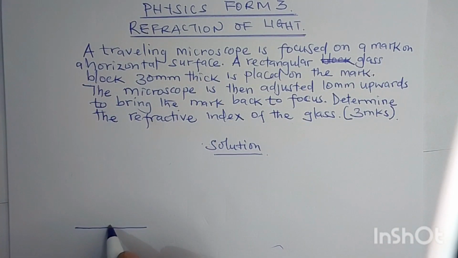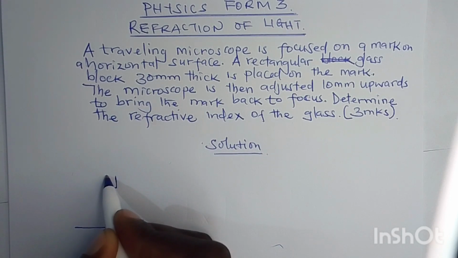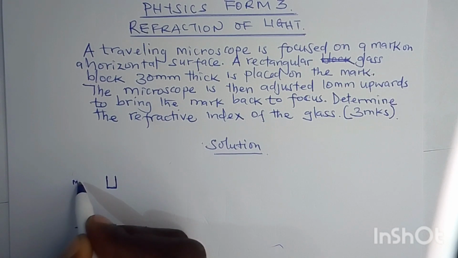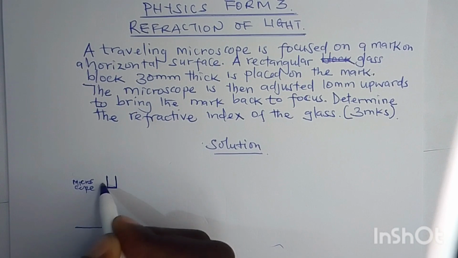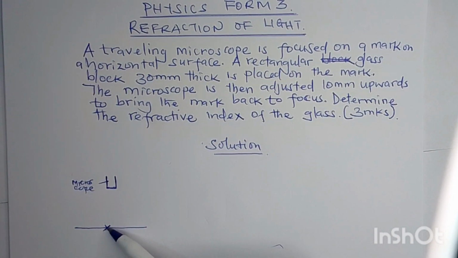So let this one be the mark, this mark here. The traveling microscope is above it, like let's say this point. This is the traveling microscope. It is used to focus this mark that is on the horizontal surface.